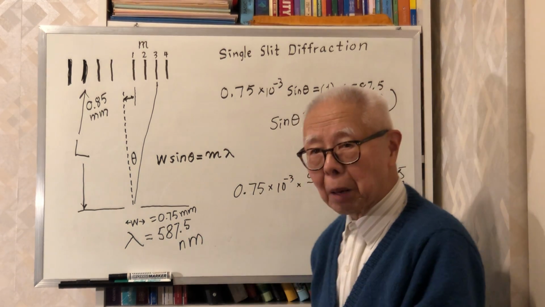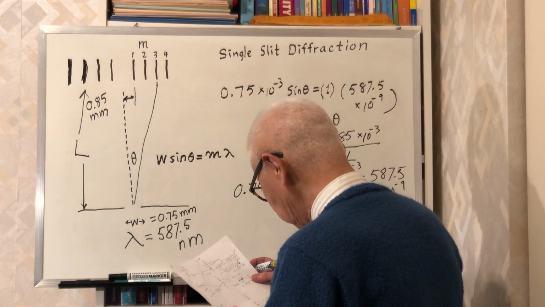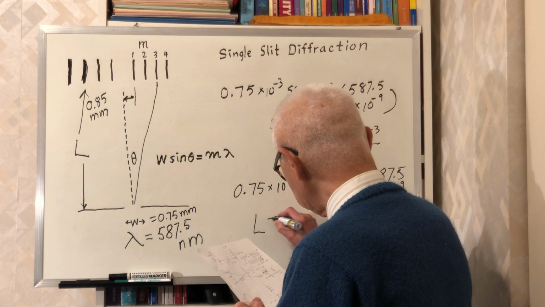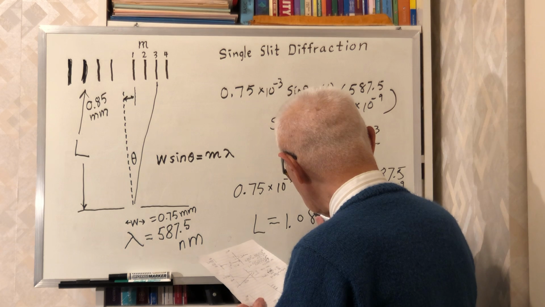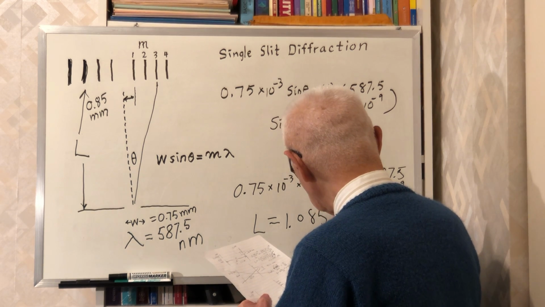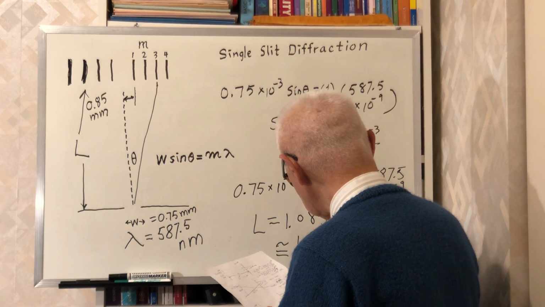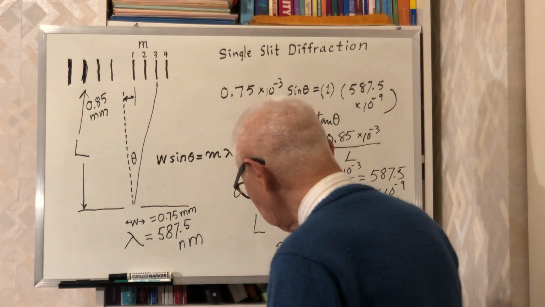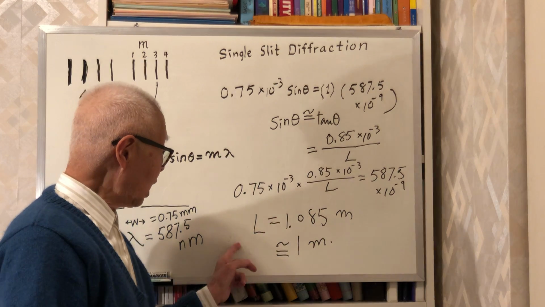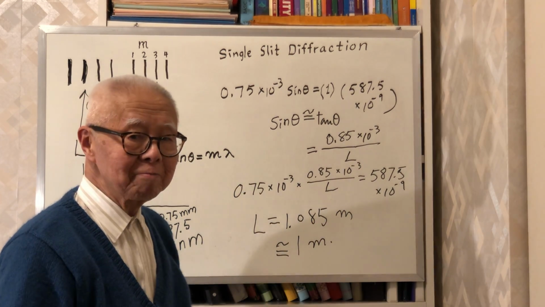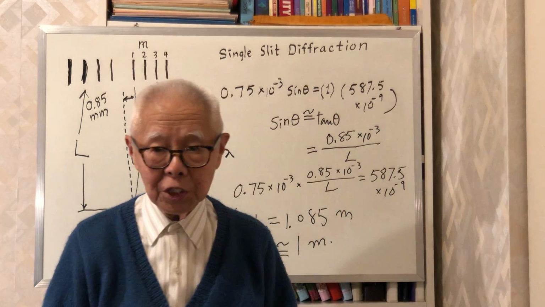So you know all the numbers, and you can find L. The result is L is this, and roughly is 1 meter. So the distance between the screen and the single slit is roughly 1 meter.